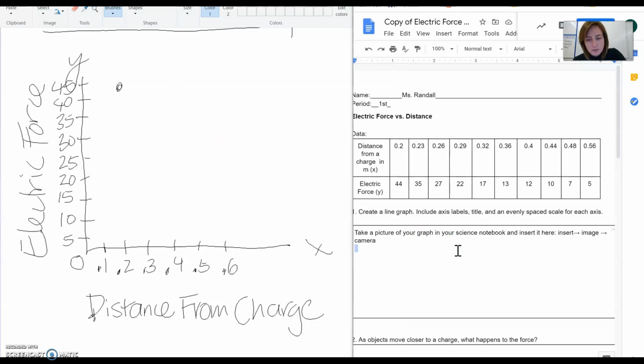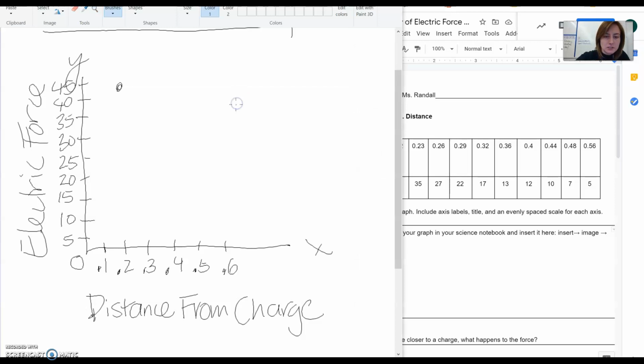The next point we have is 0.23 and 35. So 0.23, I'm going to have to guess. 0.23 is in between 0.2 and 0.3. Because 0.2, I'll write this over on the side and then I'll erase it later. 0.2 is the same thing as 0.20, and 0.3 is the same thing as 0.30.